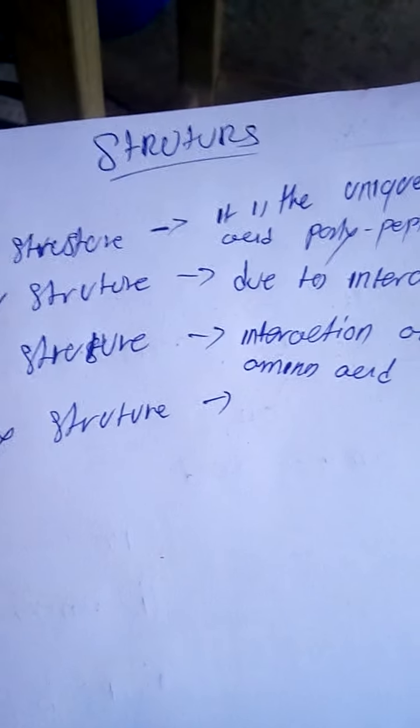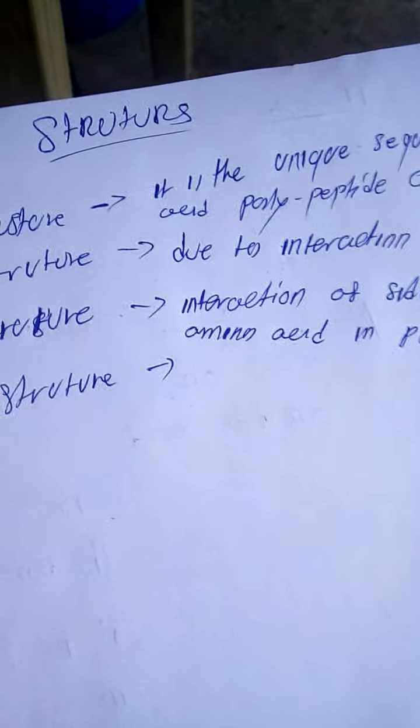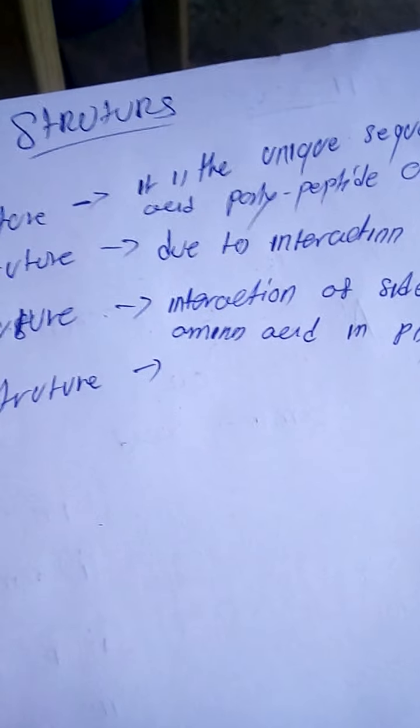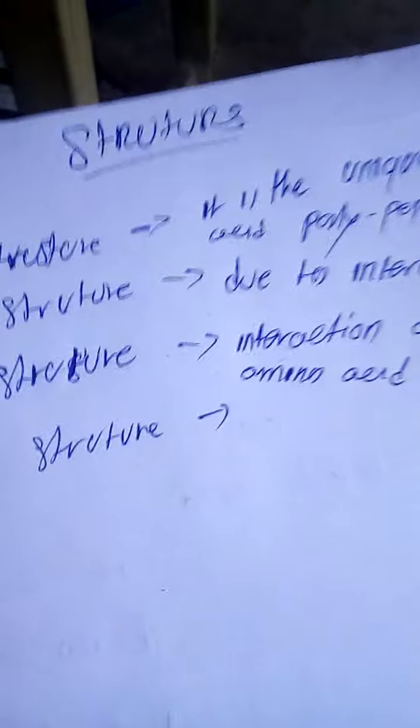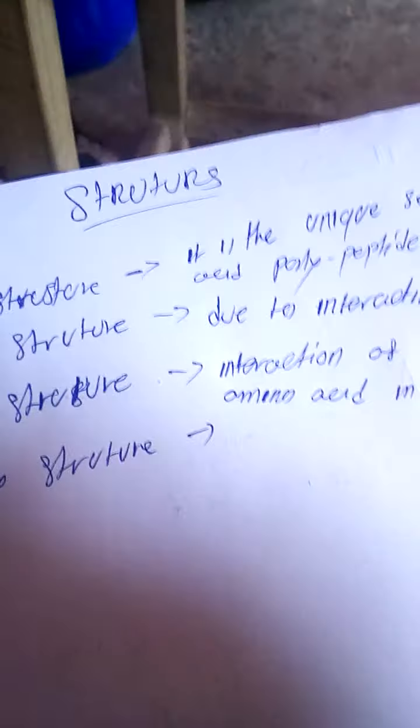Quaternary structure is just the arrangement of multiple amino acids in a polypeptide. The arrangement of multiple, meaning there are a lot of them. So it's just the arrangement of multiple peptides.